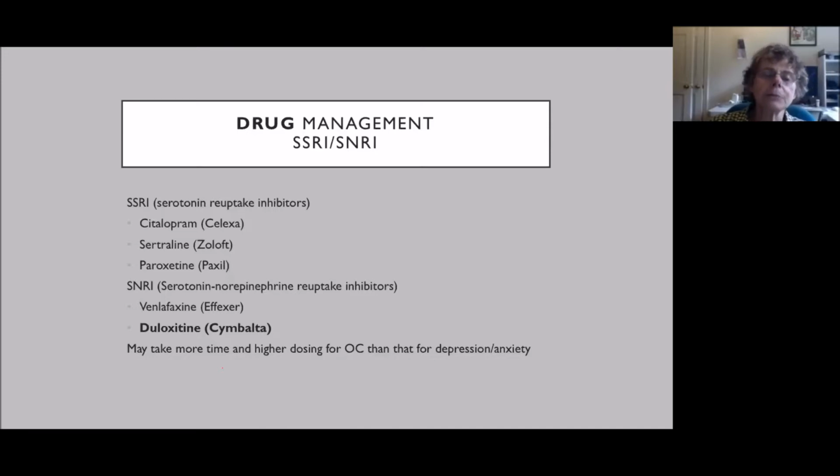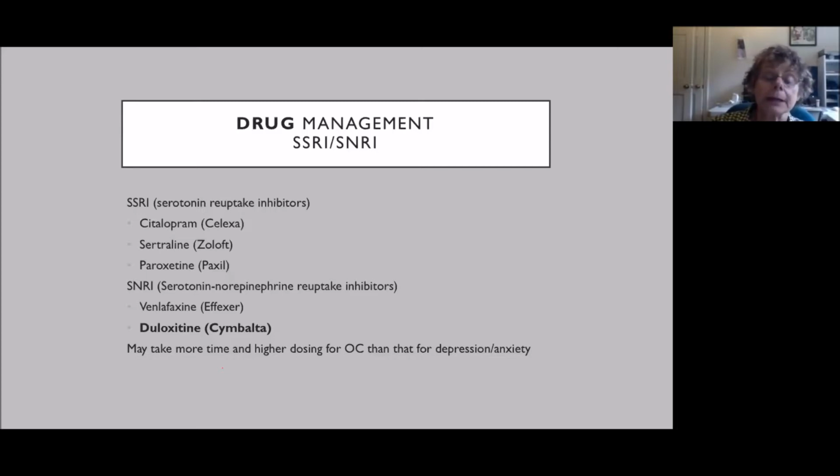And the drugs that I'm talking about here are venlafaxine or Effexor, misspelled there, and duloxetine or Cymbalta. I have that in bold letters because that is the SNRI that I prefer because of fewer reactions or interactions with other drugs.